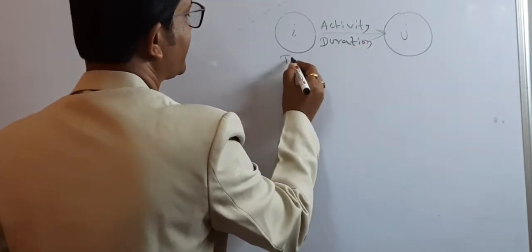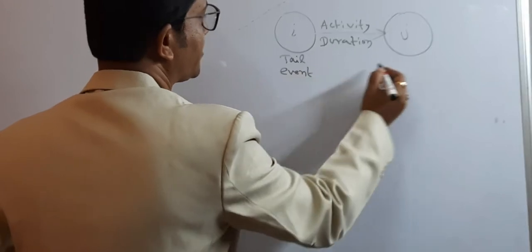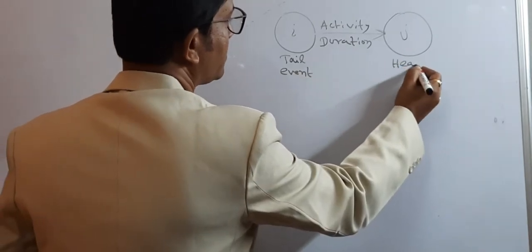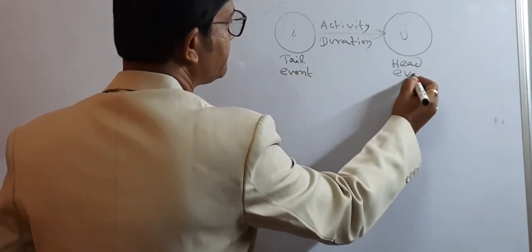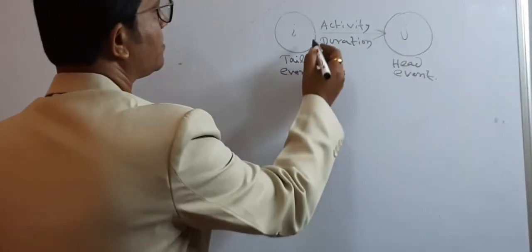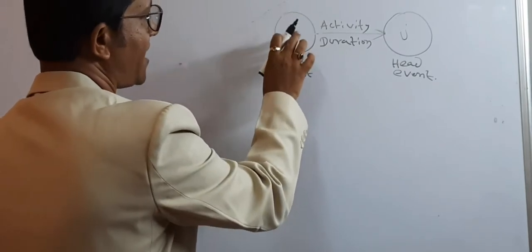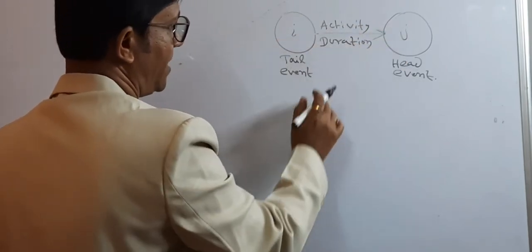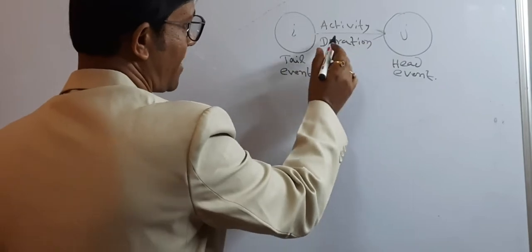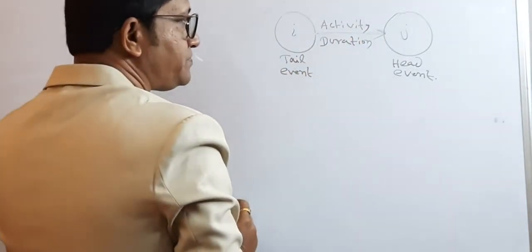This is known as the tail event, and this is known as the head event. The numbering should start from this I and move towards the J, and this arrow does not have any resemblance with the duration of the activity.